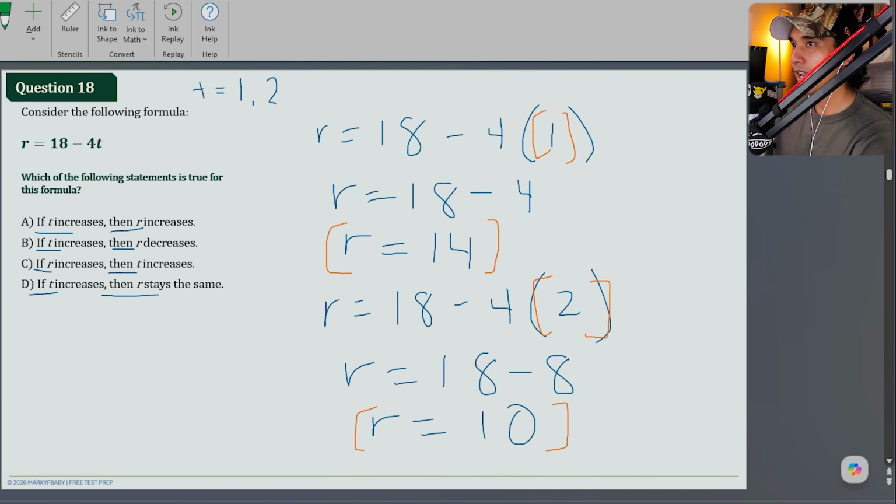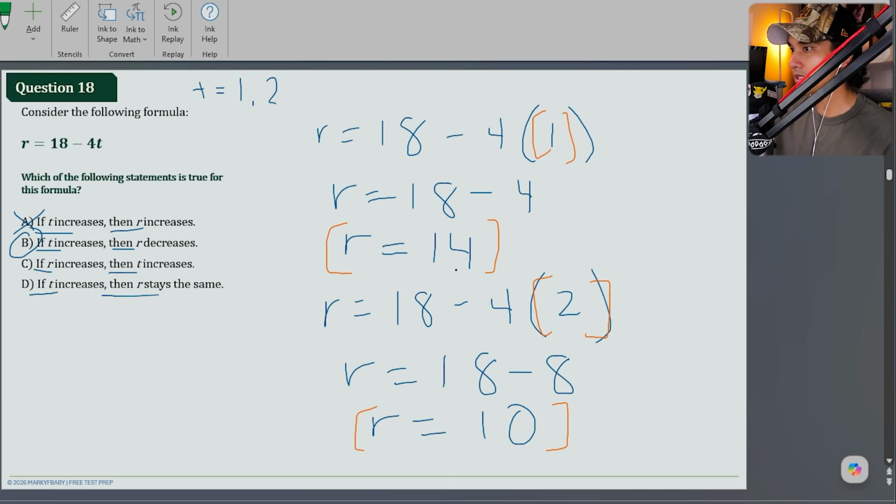So A is incorrect because r did not increase, it decreased. If t increases, 1 to 2, then r decreases. And that is in fact true. We decrease from 14 to 10, giving us B, the correct answer. But let's disprove C and D. If r increases, r increased here from 10 to 14.